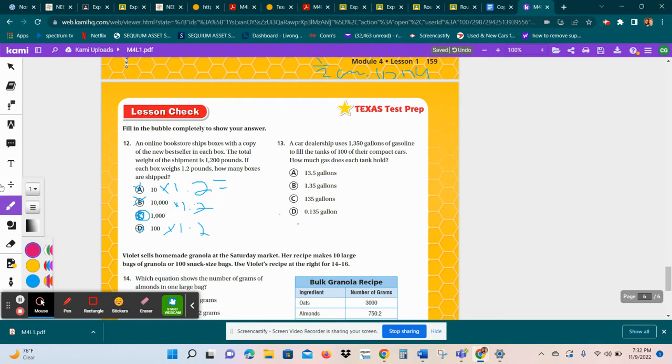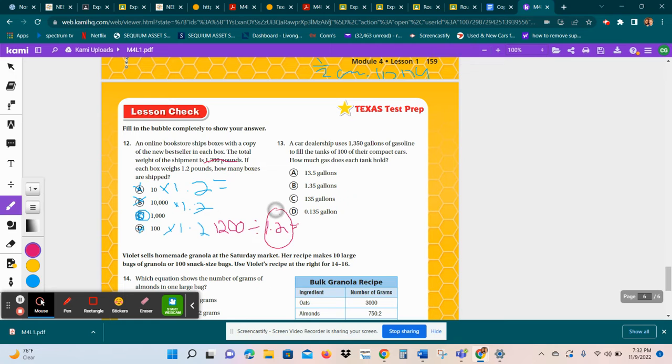Okay, so I have the amount of the weight, which is 1,200 divided by 1 2/10. That's going to equal, all right. Now remember, we were going to make this into a whole number, this part right here.